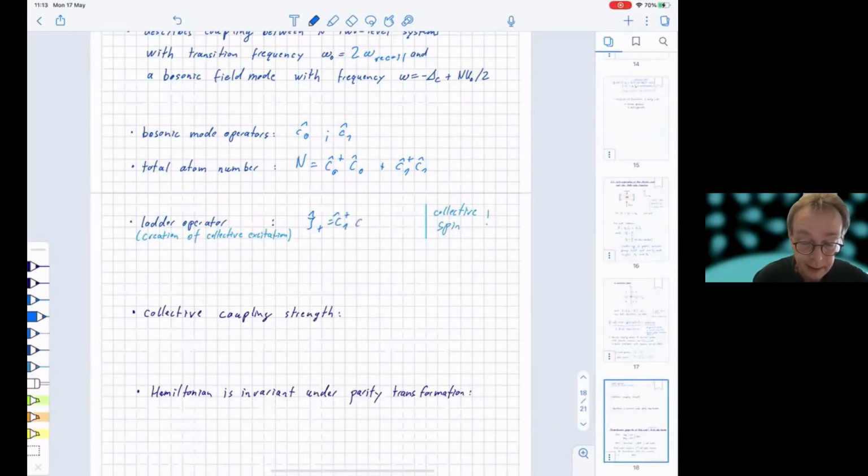These are the ladder operators. JZ you can also express in terms of the modes.